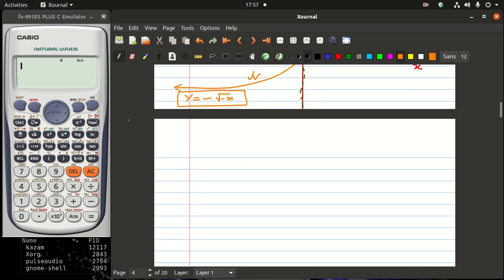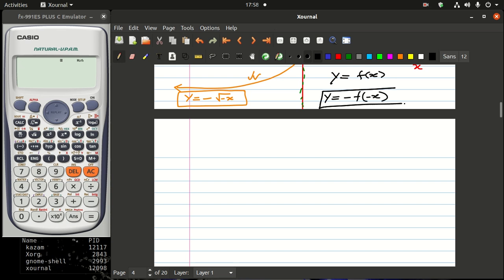So the final take home here: whenever you are given y is equal to f of x, the reflection of this curve about the origin is going to be y is equal to minus f of minus x.